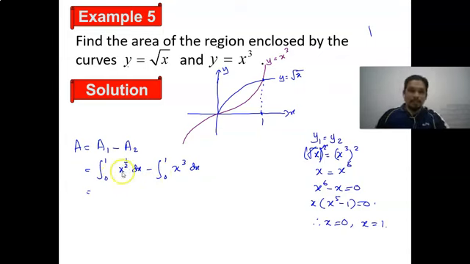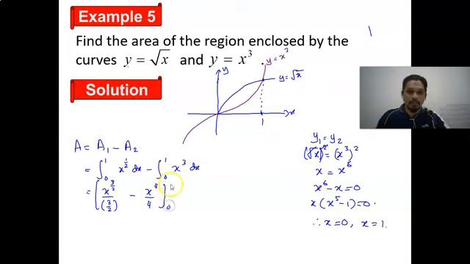So the integral of x to the power of half dx is x to the power of 1 over 2 plus 1, which is 3 over 2, divided by 3 over 2, minus x to the power of 4 divided by 4, both from 0 until 1.